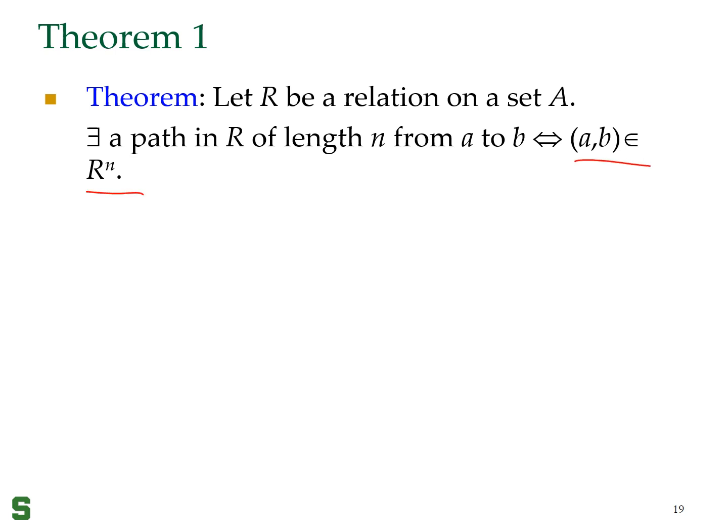Now, I'm not going to do a proof of this, but I want you to be able to see why this is true. Specifically, if there is a path from A to B of length n, then the pair AB would be in R to the power n and vice versa.